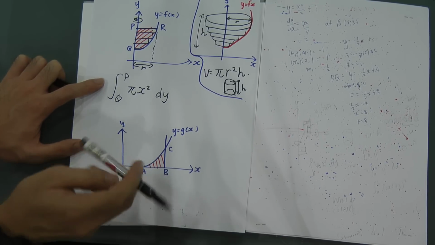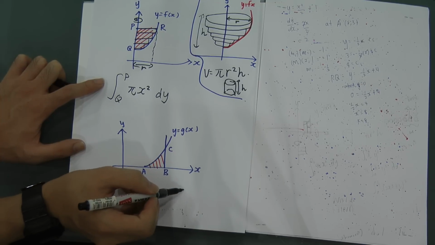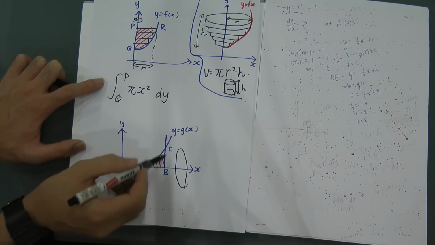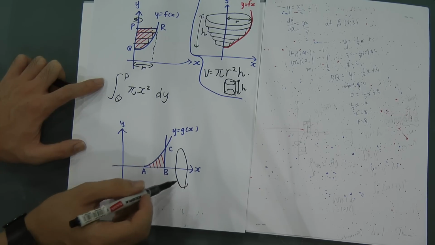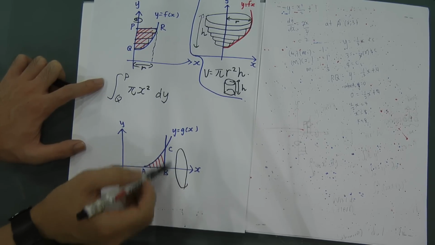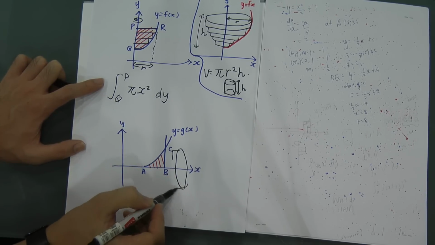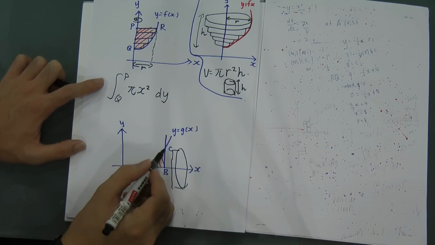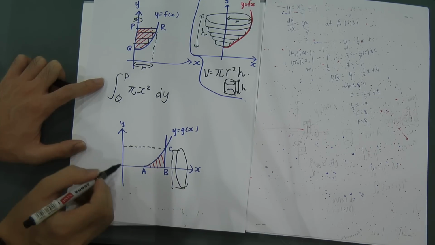So when he rotates 360 degrees, here will be the r, correct or not? Because you will have the cylinder here, and in this cylinder you will have the volume. So this one will be the r, so r you straight away connect to here.